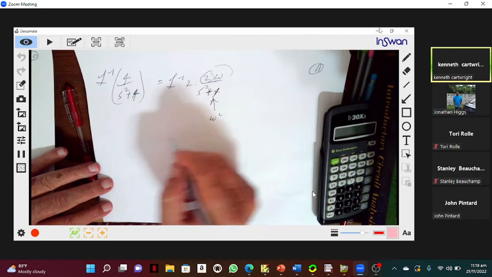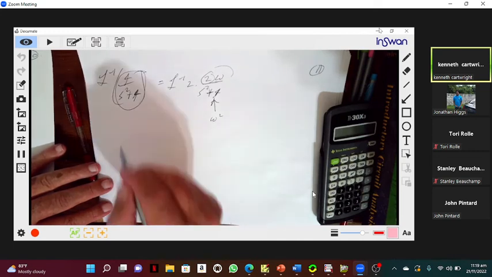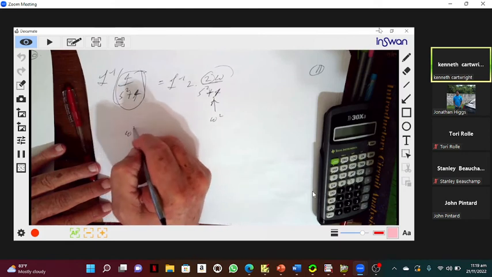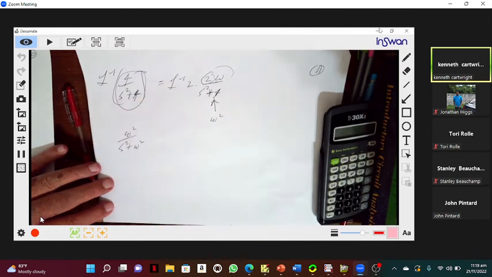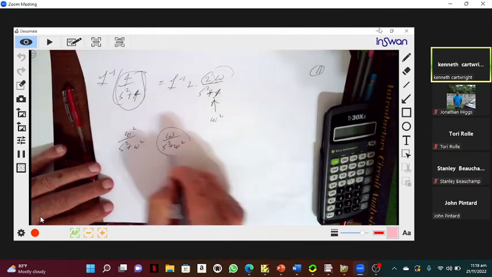This is not an entry in the table. There's no entry in the table that says omega squared over s squared plus omega squared. No entry in the table, because the entry in the table equals this. That's the entry in the table.